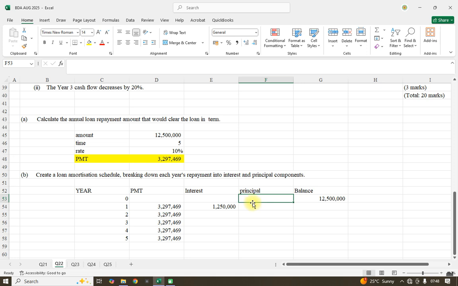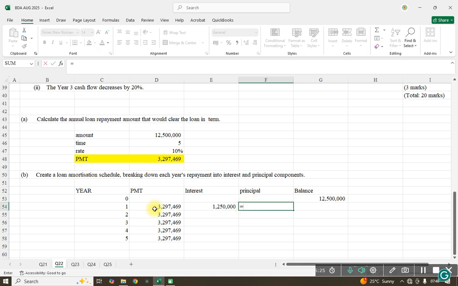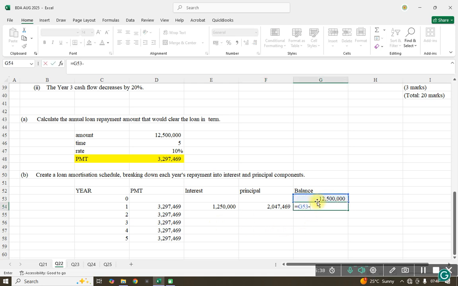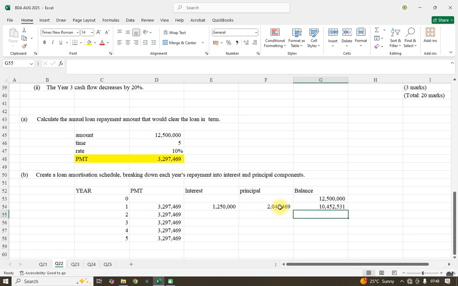The principal here will be the PMT, which is constant, minus the interest. Interest will be changing that way. And the running balance will be this minus the principal. It's only the principal that reduces the end balance.